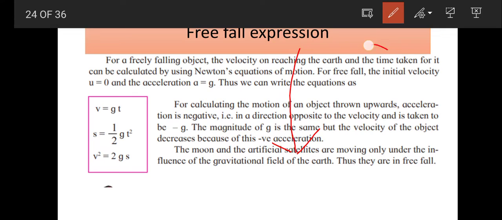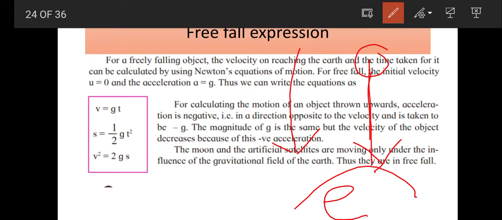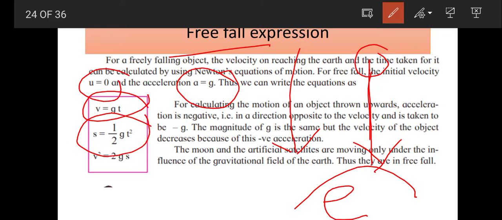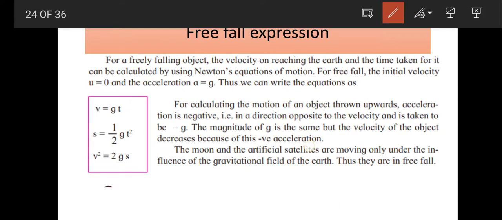If we throw an object upward from below, after some height it again comes back to the earth surface. Why? Due to the free fall. So here, whenever the value of u is 0 and a is equal to g, then v is equal to gt, s is equal to 1/2 gt square, and v square is equal to twice gs. These formulas are built from that.